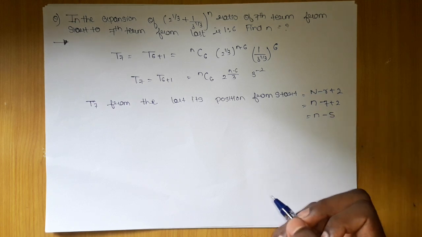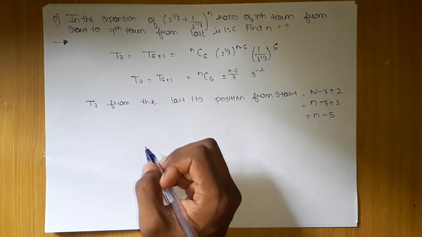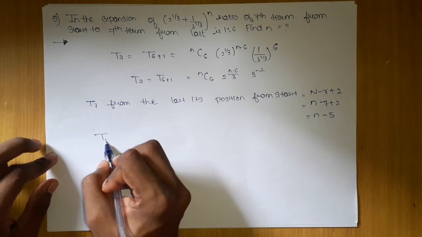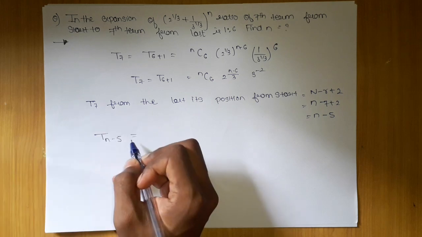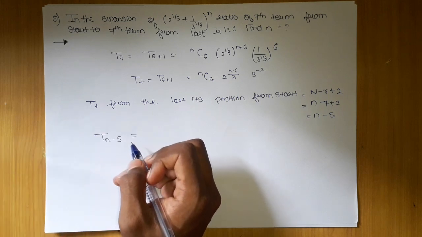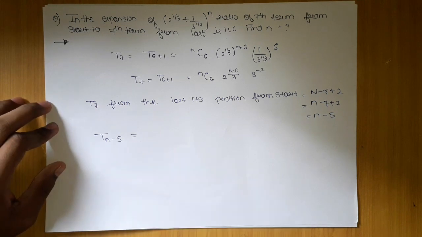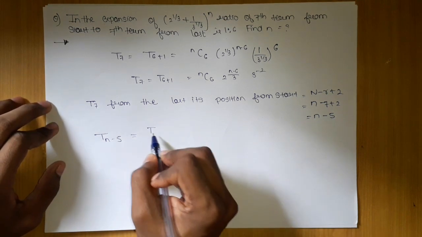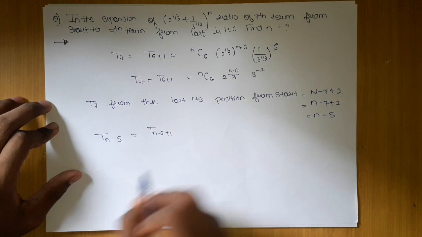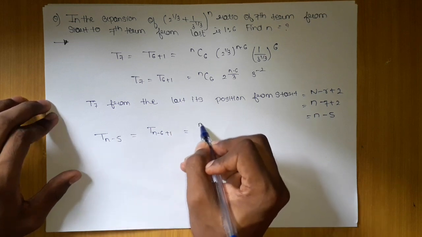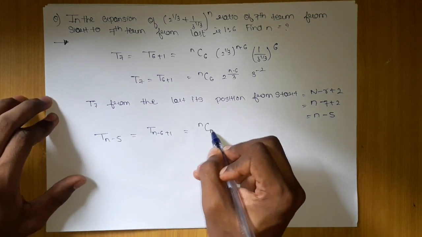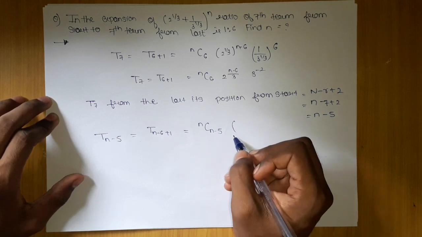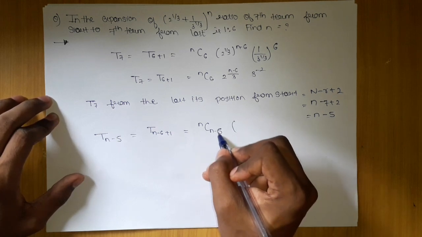So we know the position from the start. To write it as t(r+1), you have to add and subtract 1: n minus 6 plus 1. So this is nC(n-6).